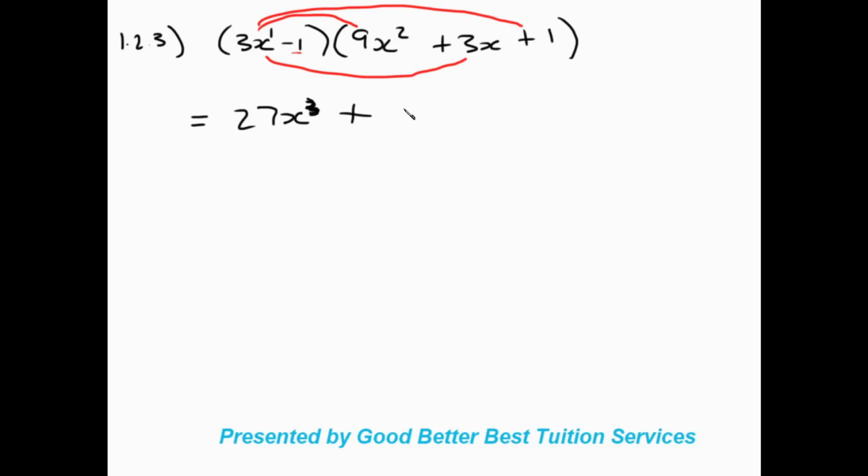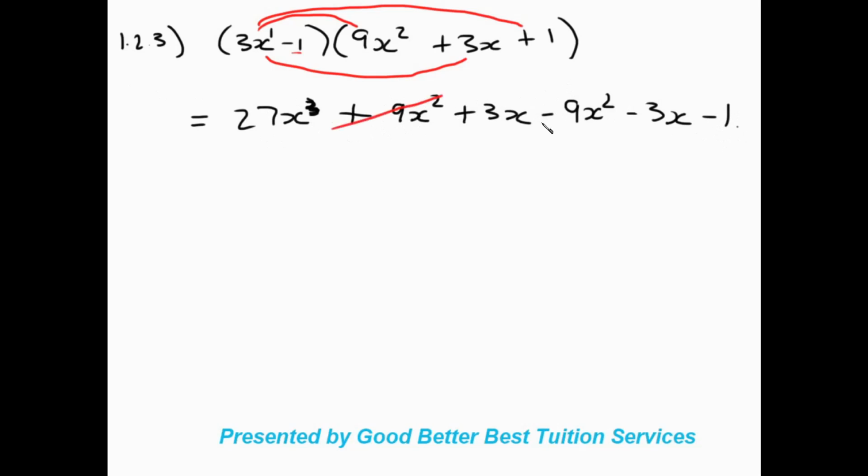And then we get plus 9x squared plus 3x. Then we're going to move on with the negative 1 multiplied into the bracket, so we get minus 9x squared minus 3x minus 1. If you look at this line straight away, you can see what can cancel out.